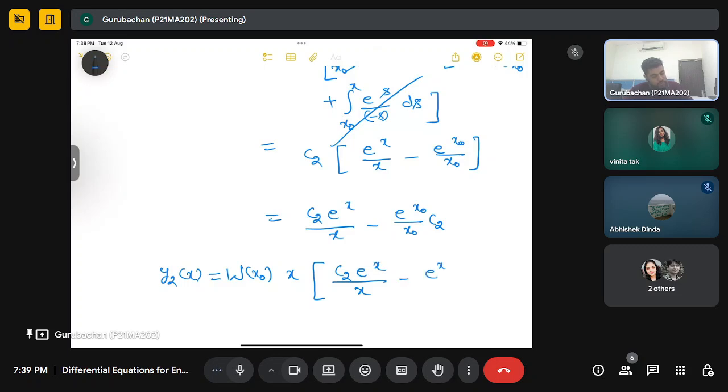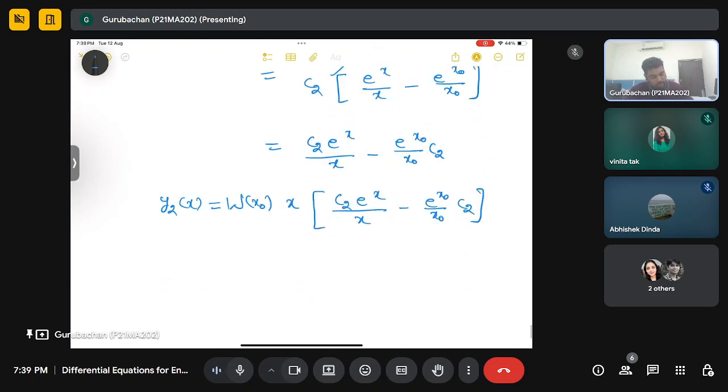So this will give you some W of x naught times c2, this is some constant, times e to the power x, minus W at x naught, e to the power minus x naught divided by x naught, c2.